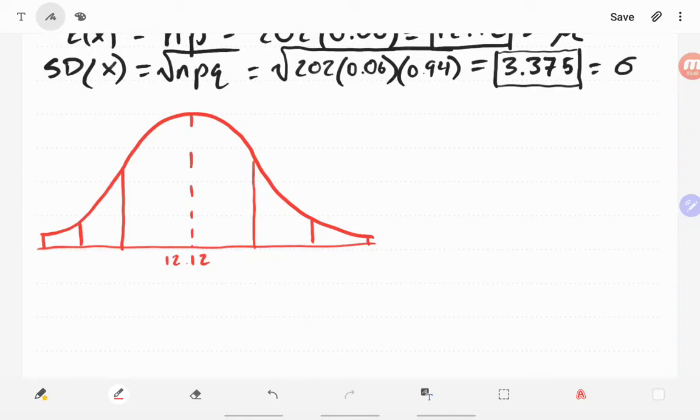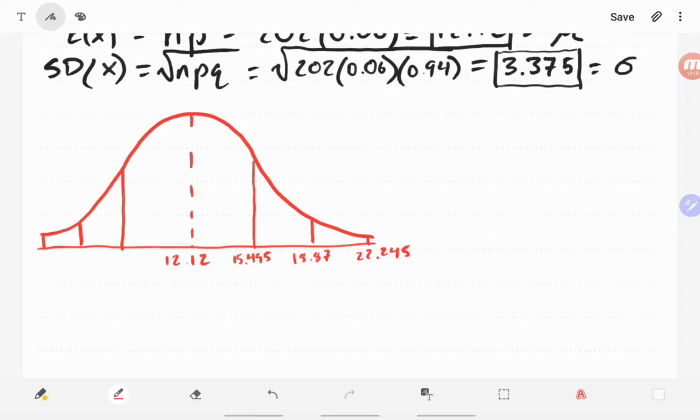So we've got 12.12, and I'm plugging this into my calculator here, plus 3.375. That gives us 15.495 for the first. For the second, we get 18.87. And for the third, 22.245.